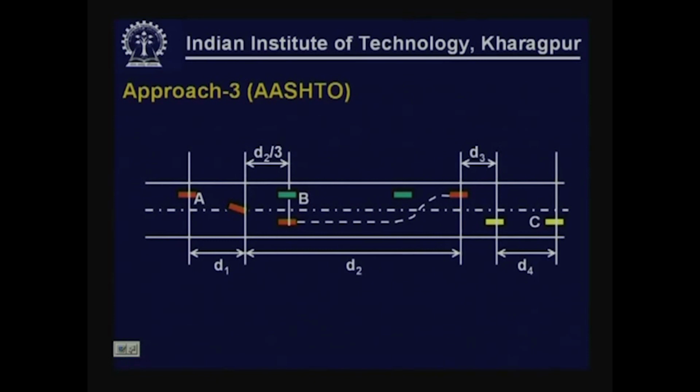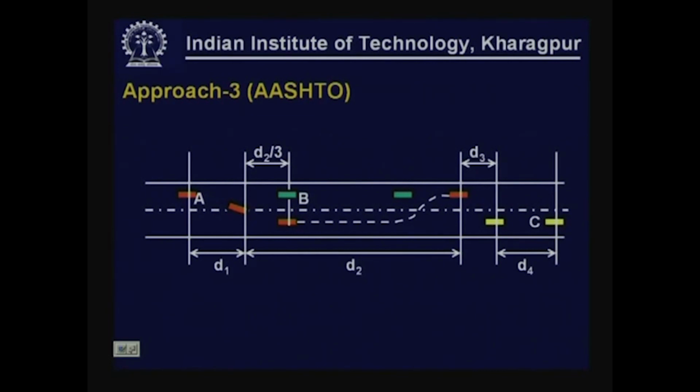D1 is the distance travelled by the overtaking vehicle during the initial perception reaction time and also during the initial acceleration up to the encroachment of the opposing lane. So, it is shown accordingly in the sketch, vehicle position for vehicle A, and the distance covered during this time is D1.